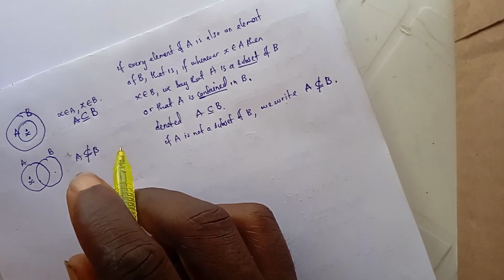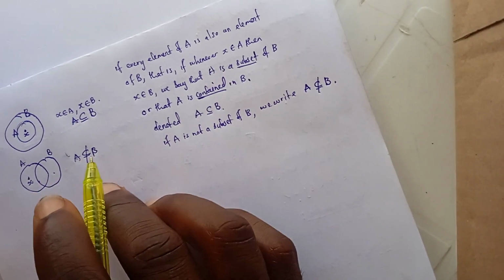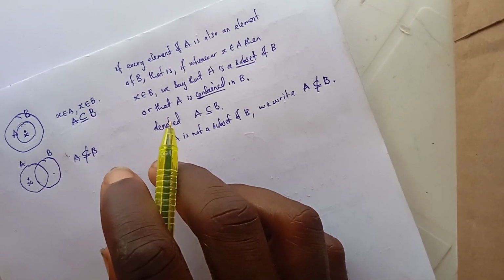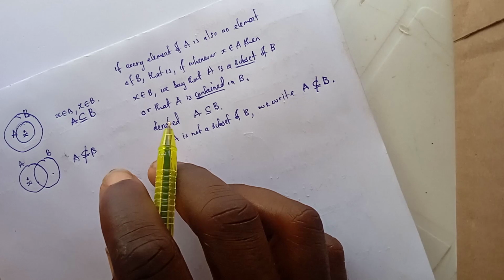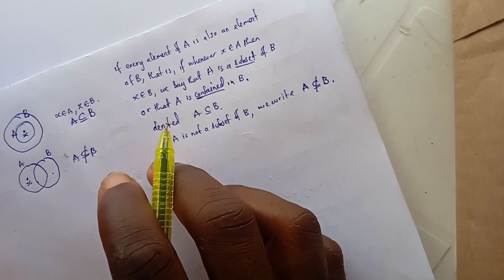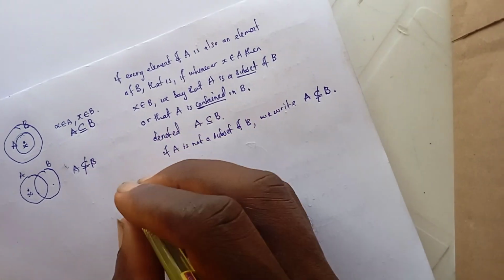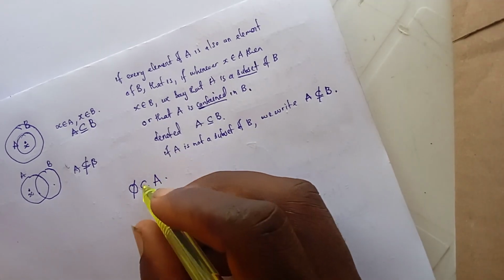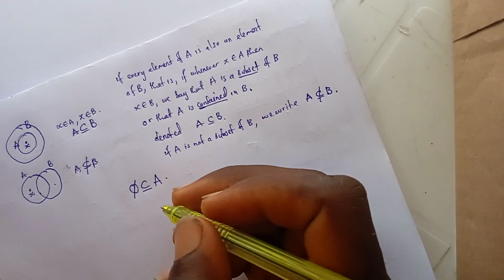For any set A, since there are no elements of the empty set that are not in A, we say that the empty set is a subset of A. We're saying that the empty set is a subset of every set, because there are no elements in the empty set that are not in A.